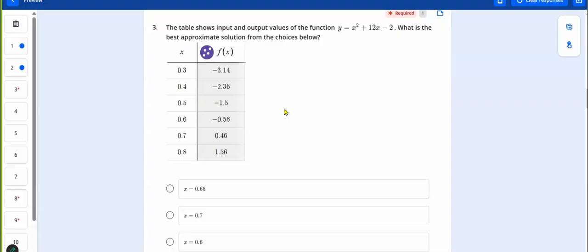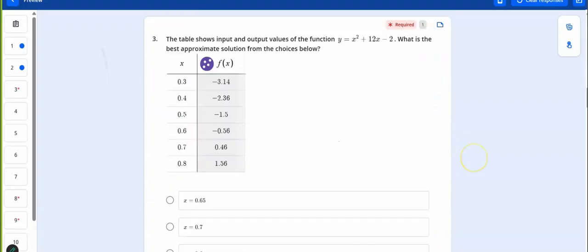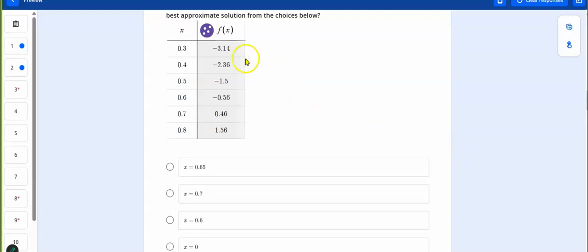Remember how you said it's on the x-axis? What's the y value here on the x-axis? 0. So I'm looking at my table to see when it's going to have a y value of 0. But I see right here, you see how it goes from negative to positive?